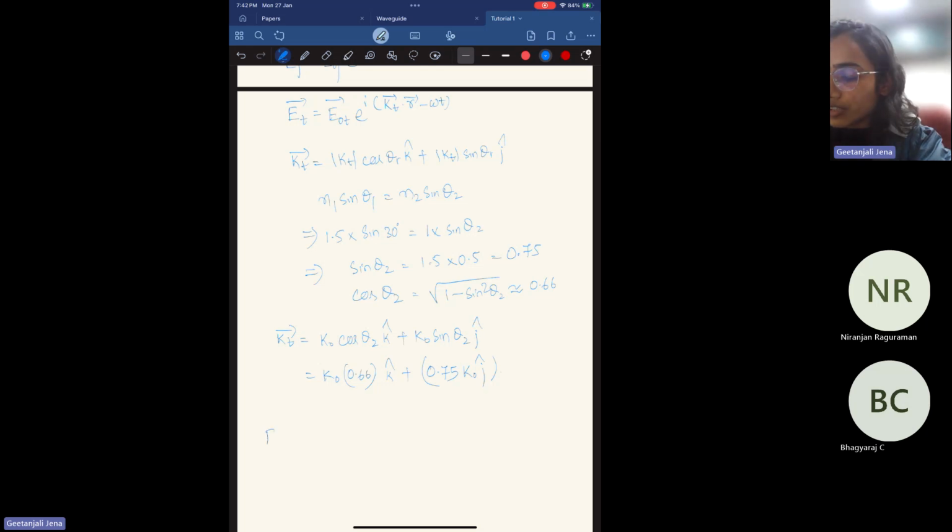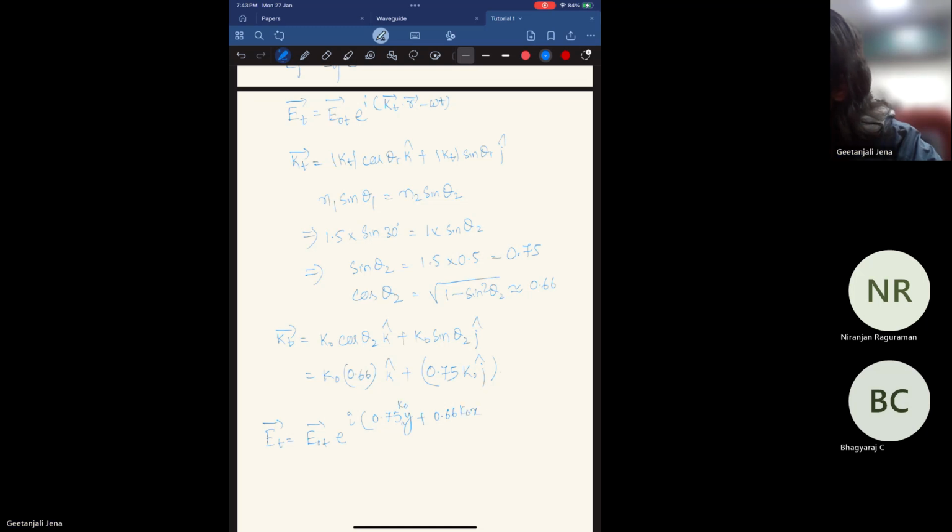Now E_T you can easily write down. E_T is E_0t e to the power i k0 (0.75 y plus 0.66 z) minus omega t. There is a k0 here also.